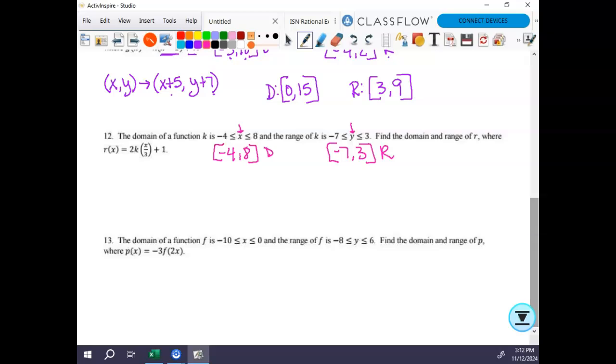And if you want to rewrite this, I mean, you can. Just make sure because you need to understand what's happening here. R of x is equal to 2 times k of 1/3 times x plus 1. So my xy is going to map to, and the only thing happening to x right here is this horizontal dilation. X is a liar.